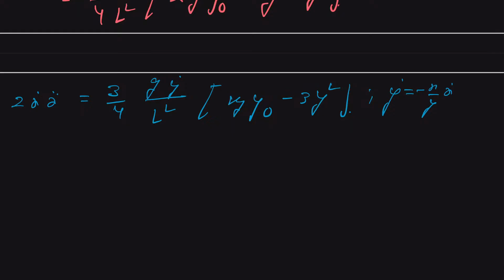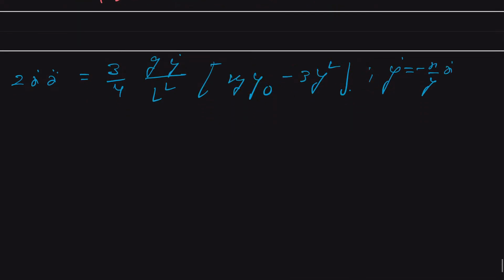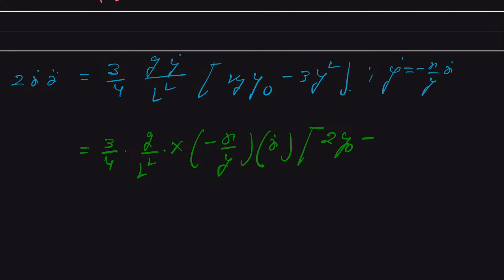So we substitute it. So we get this will be equal to 3 by 4 g upon L square, and this is our minus x upon y x single dot. This comes as our y, we can take as common, we can cancel it out. So this comes as 2y naught minus 3y, and this is equal to 2x dot x double dot.